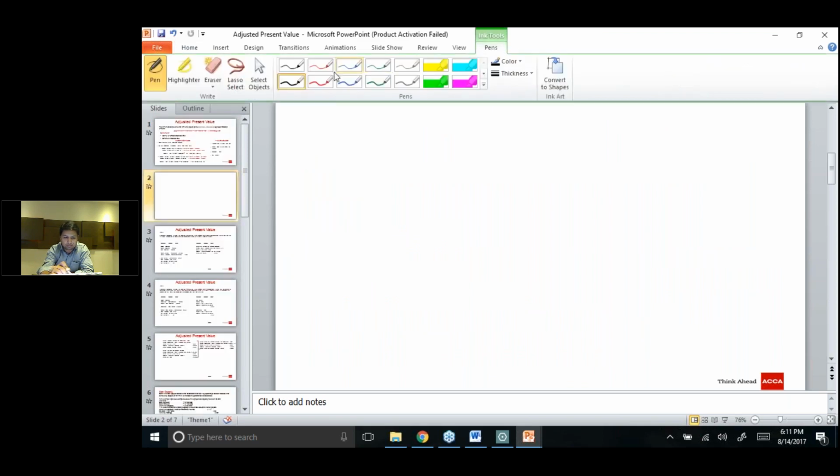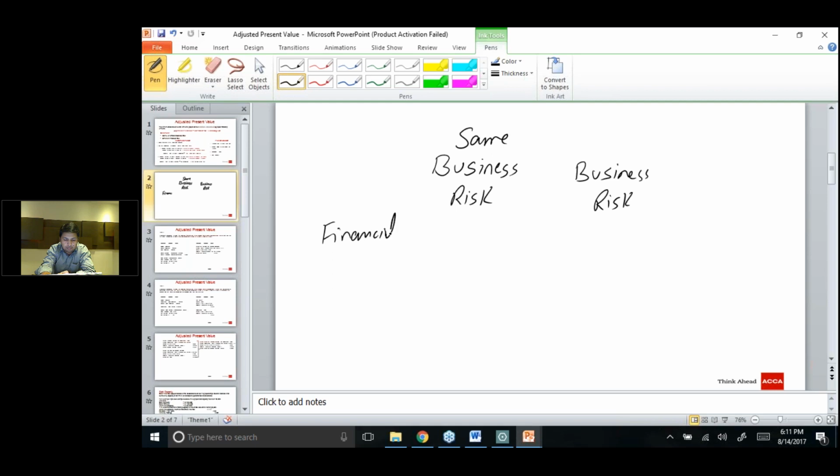Let's suppose there is an investment appraisal question in the exam, and after reading the question you have realized that the project being introduced has the same business risk and is being financed with the same existing gearing.